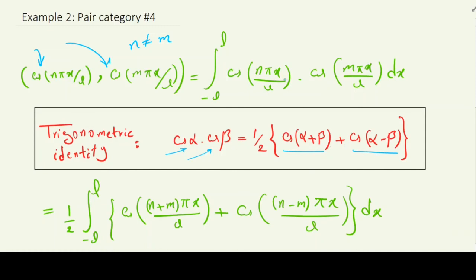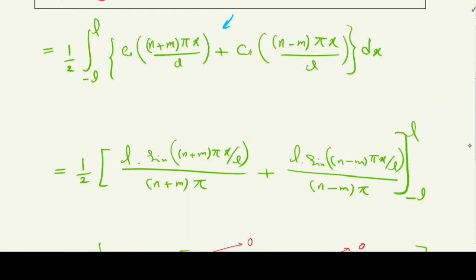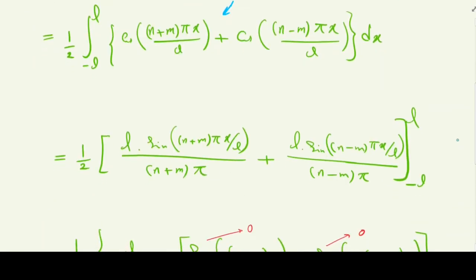Using this identity, we can rewrite the product as the summation of two new cosine functions. The first one is cosine of n plus m times pi x over L, plus cosine of n minus m times pi x over L.